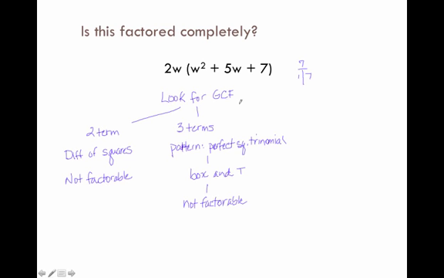And finally, if I'm given a 4-term polynomial, then I'm going to immediately look to factor by grouping. And if I can't factor by grouping, then it is also not factorable.